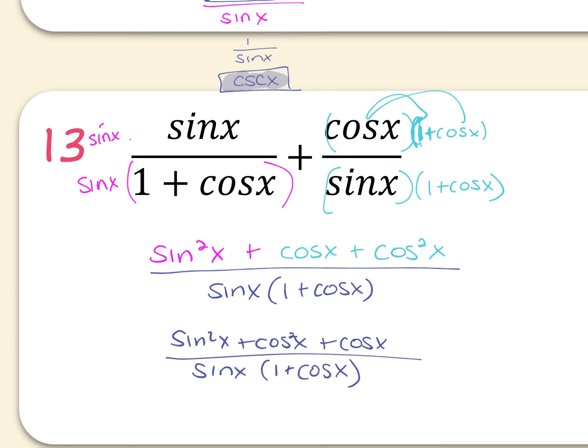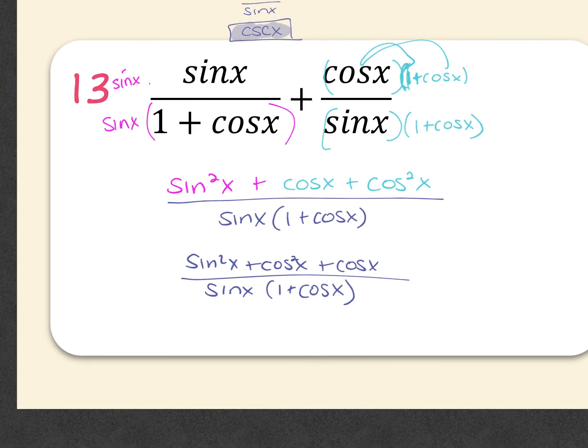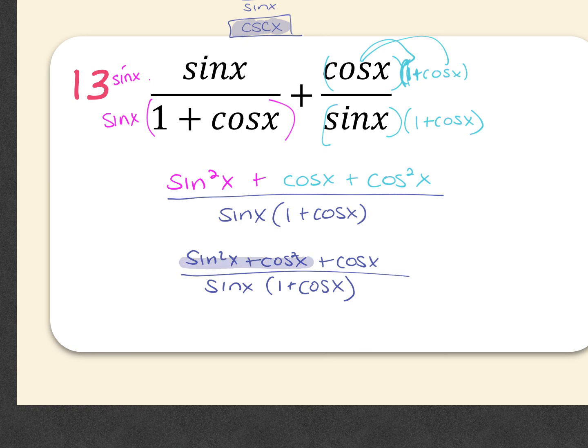And then what is sine squared of x plus cosine squared of x? Good. So sine squared x plus cosine squared x becomes 1 plus cosine of x, over sine of x times 1 plus cosine of x. Can I simplify that?